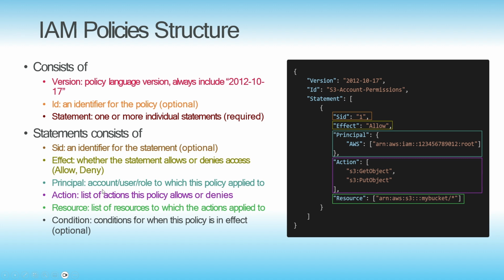Principal can be an account, a user, or a role. Role I will tell you later, but for now, here I am passing the root user in that example. So either you can pass the account directly, account and star, that will be applied to the account directly, a user directly, or a role.